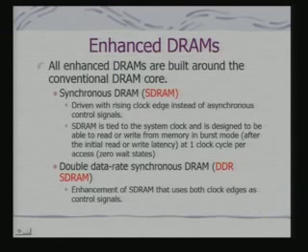An improvement on that is double data rate synchronous DRAM, an enhancement of SDRAM that uses both clock edges as control signals. The key feature you should note here is that data is being accessed in burst mode after initial latency. That means multiple data is obtained, so that effectively you are accessing one data item per clock cycle.